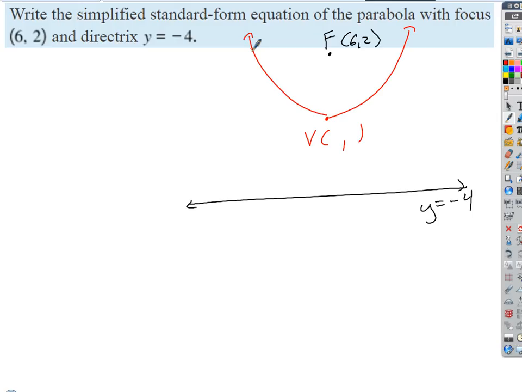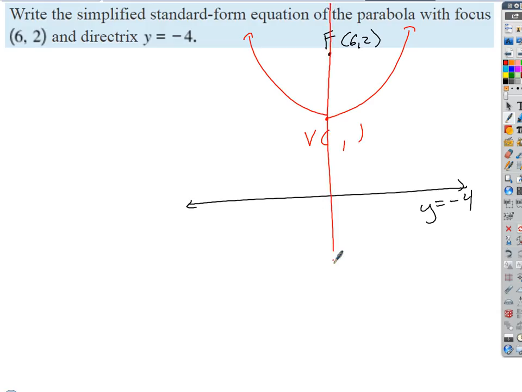Emma, which coordinate of the vertex is going to be the same as the coordinate of the focus? The 2. So the y coordinate is going to be the same? Oh, it wouldn't be the y, would it? It's going to be the x coordinate, so it's going to be the 6, right? Because for a vertical parabola, remember that the folding axis of the parabola is right there.